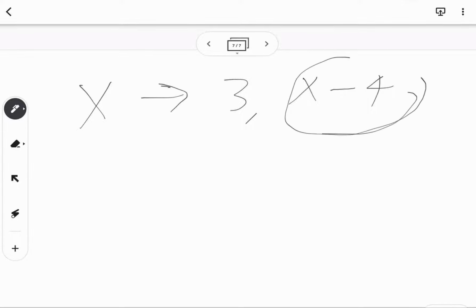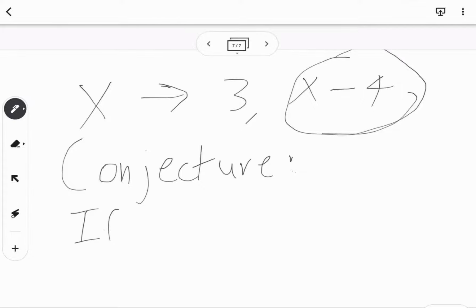So our conjecture would be that if every time we create a pile of size 3, x goes down by 4, then we might want to assume that x has to be 3 mod 4, right?